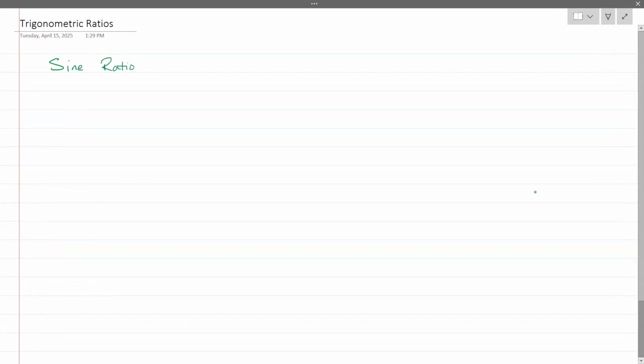We'd look at different ways we could manipulate the formulas for each of them and how to recognize the steps that I would usually use when we're going to apply one of these ratios, right? So to begin with, our sine ratio, the formula for the sine ratio is sine theta is equal to opposite over hypotenuse, right? Now, there are three variables in this formula.